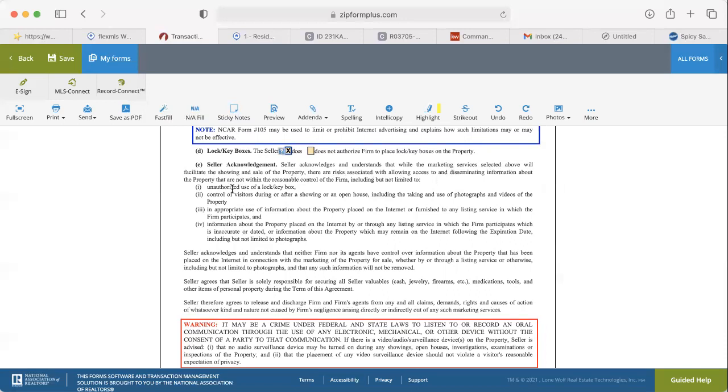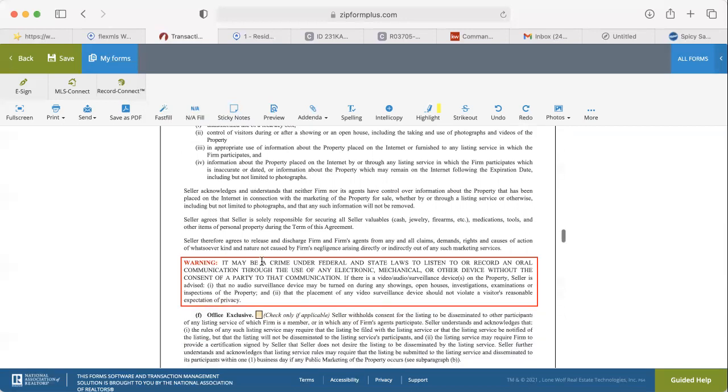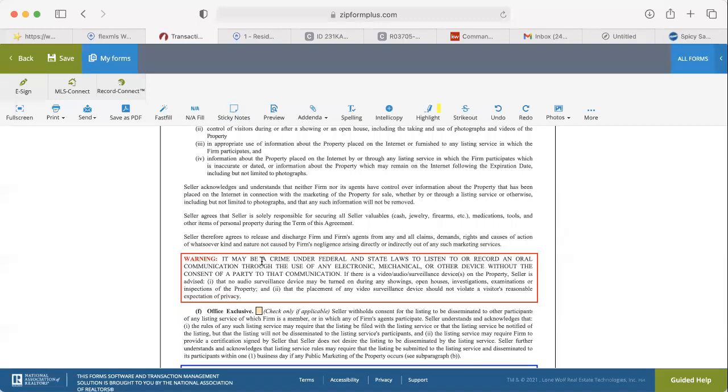So once we take pictures of the house and we send it out, it gets syndicated, it's very hard to pull them back in because you don't know where that ends up. So any information you put out there, as people know, right, for other reasons, you can't always pull it back. So this just says the seller acknowledges that that could be the case.